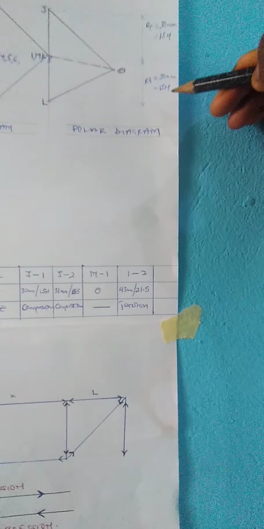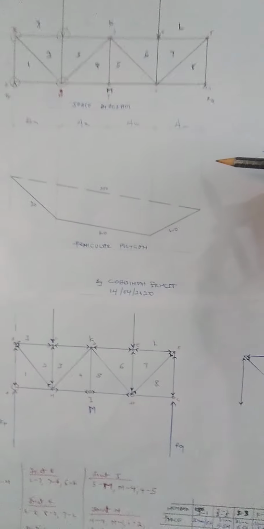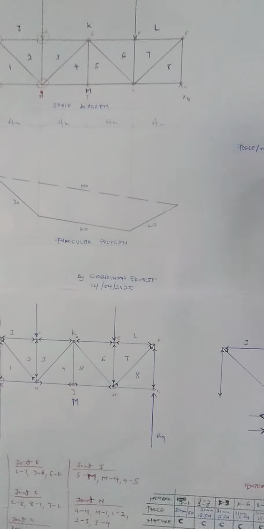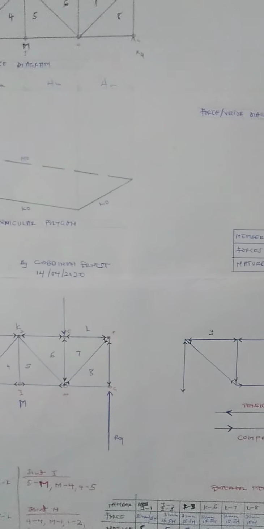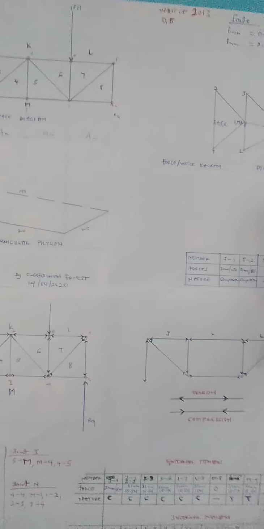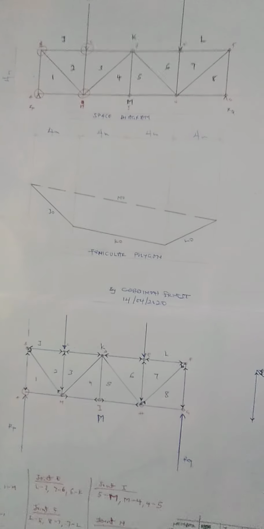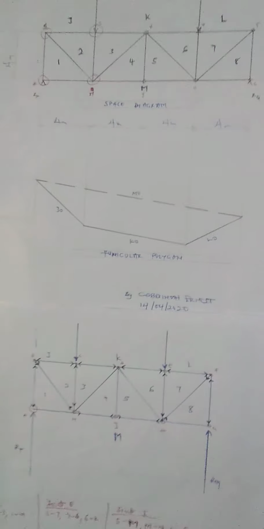You're going to get 15 newtons. So the reactions RP and RQ will be 30 millimeters and 30 millimeters, which is 15 newtons and 15 newtons. So this is how we got the reactions RP and RQ being the same.